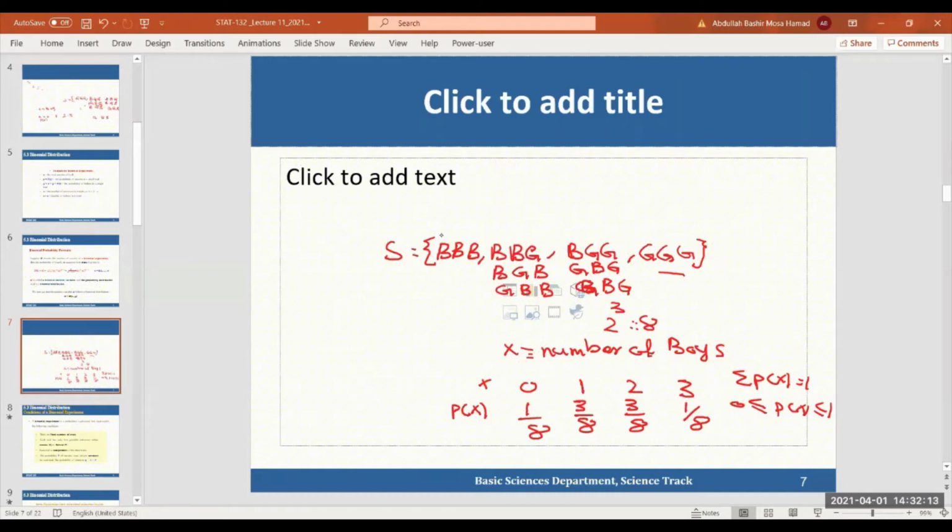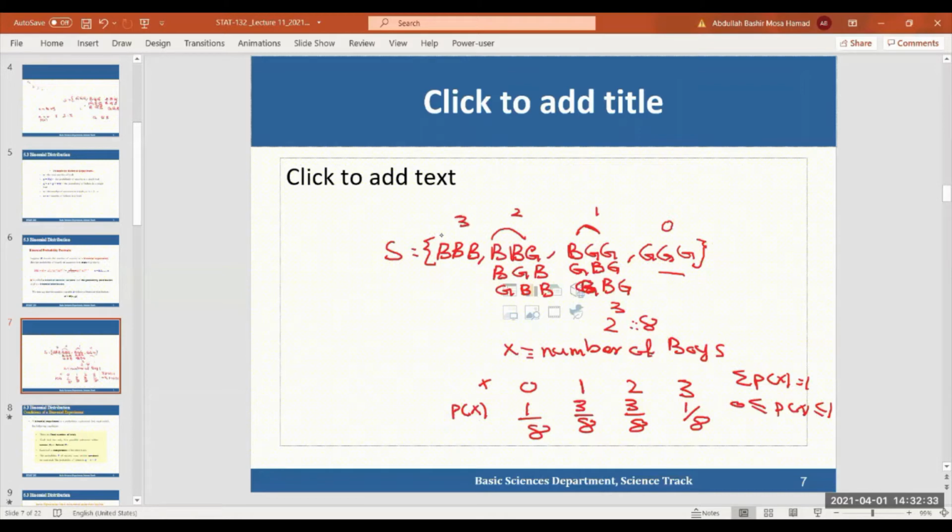Now let's see. For x equals 0, we find just this one. For x equals 1, it is this one. For x equals 2, these three outcomes. For x equals 3, it is this.